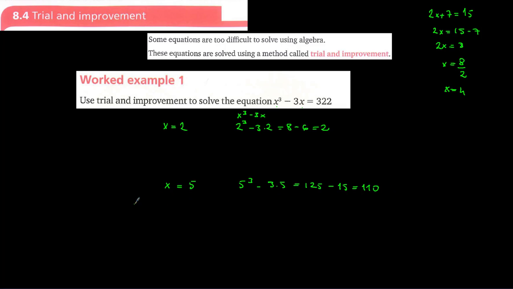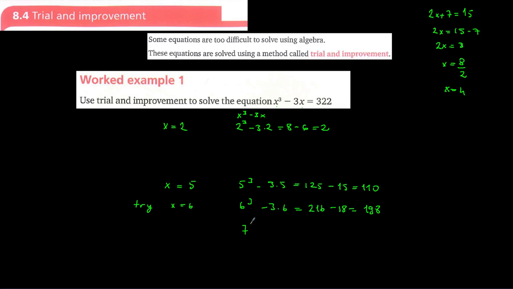If I try x is equal to 6, that's 6 cubed minus 3 times 6, and 6 cubed is 216. 216 minus 18 is equal to 198. So this number also doesn't fit. As you see, still it's smaller.